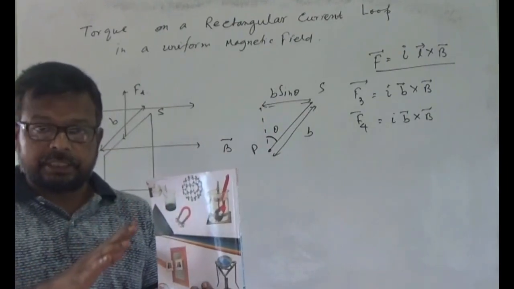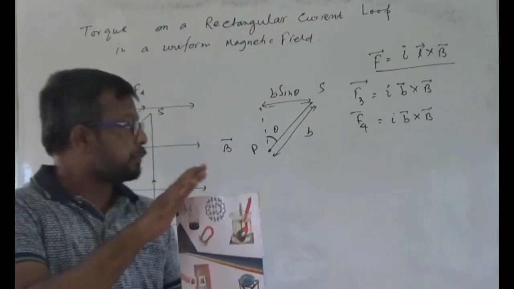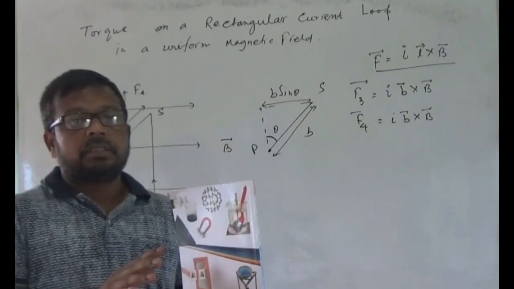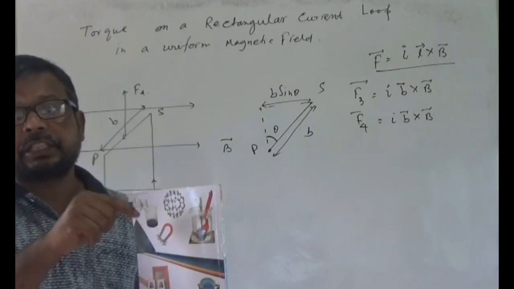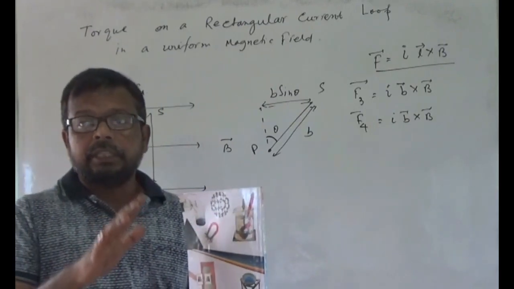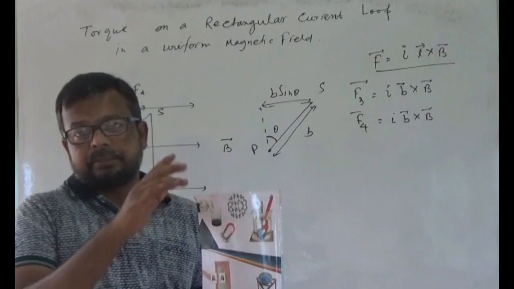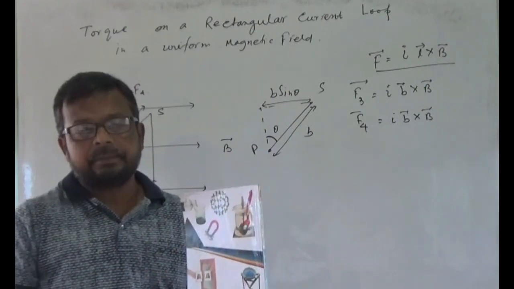The two forces, F3 and F4, have the same magnitude, are in opposite directions and are also acting on the same line. So they cancel each other.